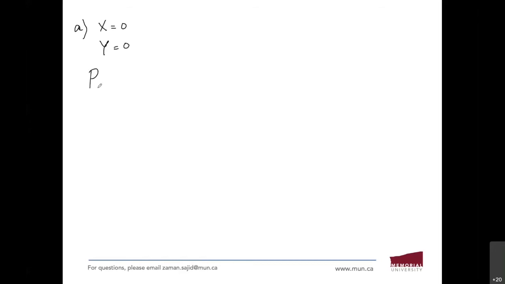So your joint probability distribution, when x is equal to 0 means there is no defective weld, and when y is equal to 0, this will be equal to P of xy at 0 and 0.